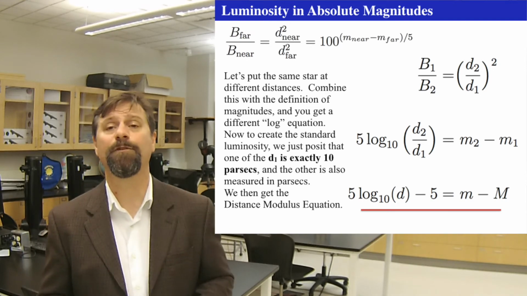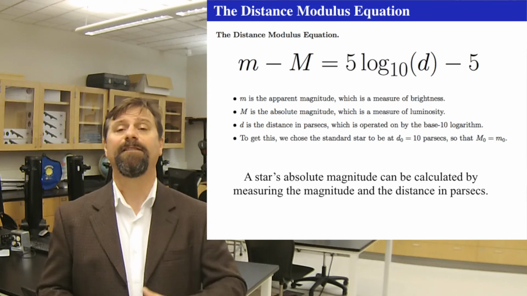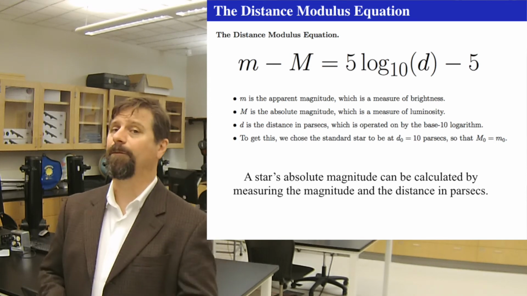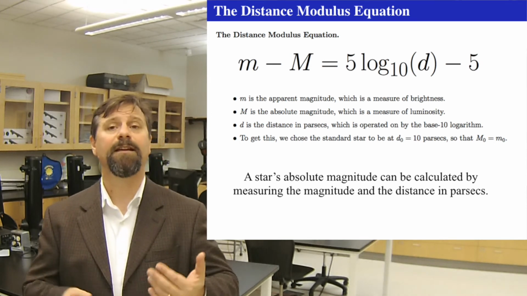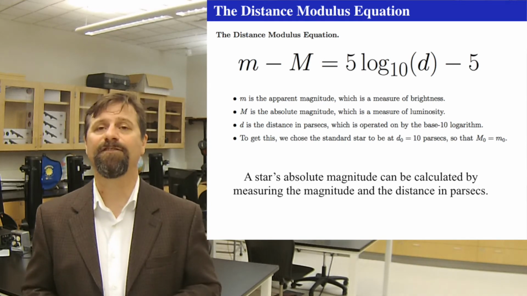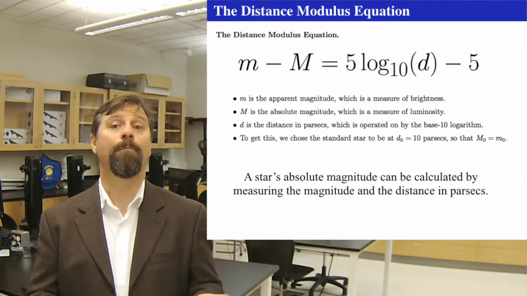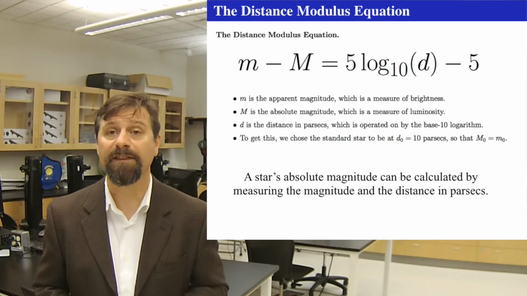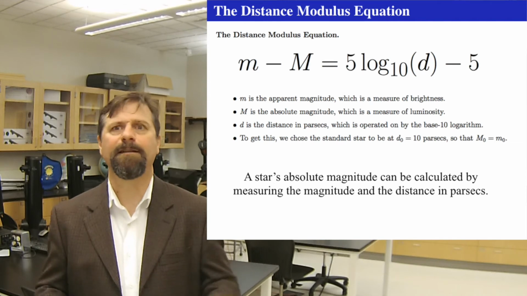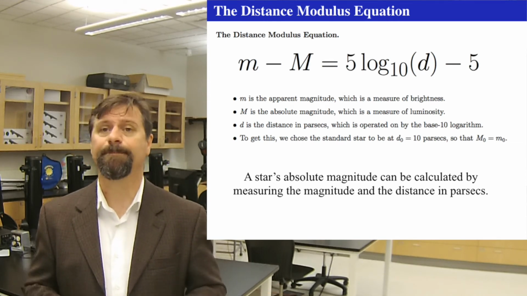Then we end up with what's called the distance modulus equation, which says the apparent magnitude minus the absolute magnitude is equal to 5 times the base 10 logarithm of the distance, minus 5. All right? Because remember, magnitudes have no units. They're really strange.